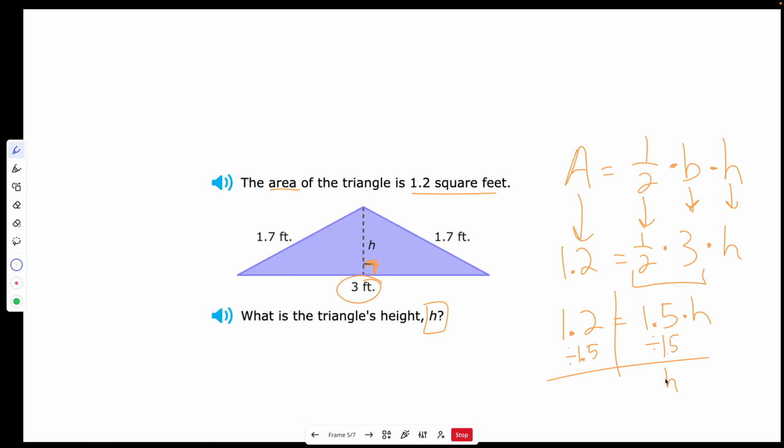And when we do that, 1.2 divided by 1.5 will give us 0.8, and this is 0.8 feet. So the height is 0.8 feet. You can always check yourself, right, by going back and doing the area, 1/2 times 0.8 times 3, and it should give you 1.2 if we did it correctly.